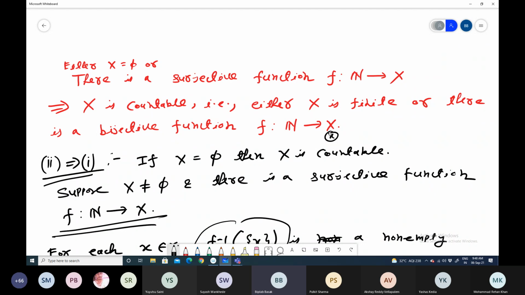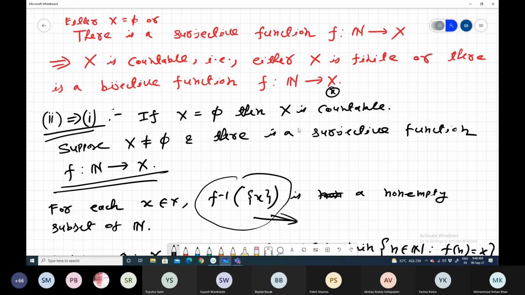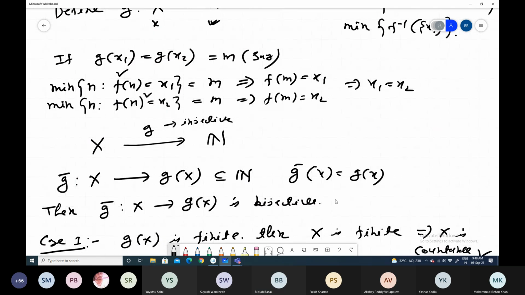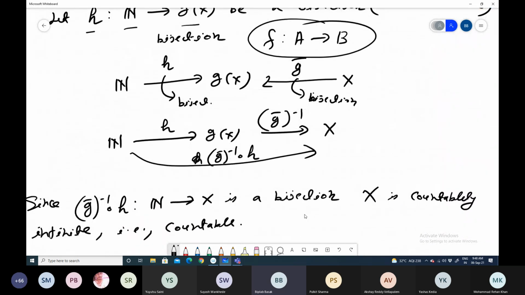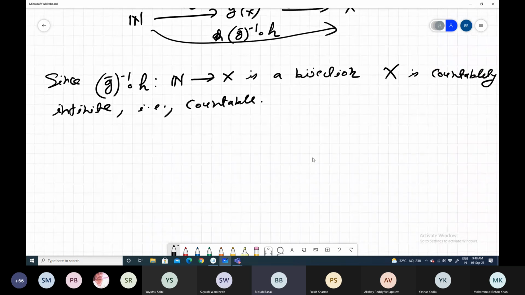Now this theorem says that you do not need to find a bijection. It is sufficient to find a surjective function, and you don't have to split the case finite or infinite. So it is sufficient to find a surjective function from natural numbers to X. If you can, then you can say that X is countable. So we are just relaxing the required criteria.